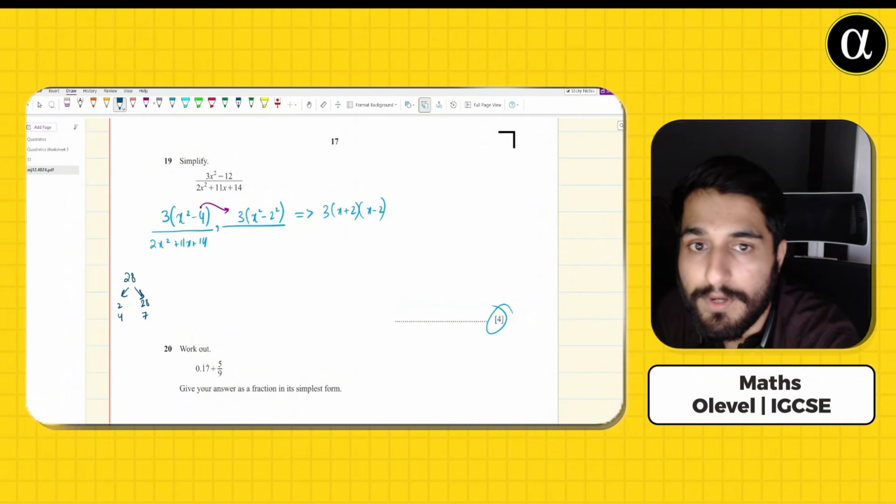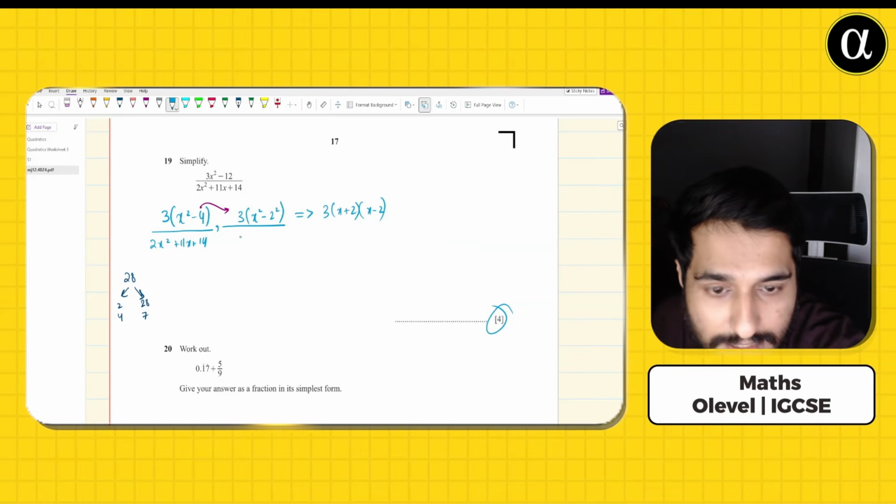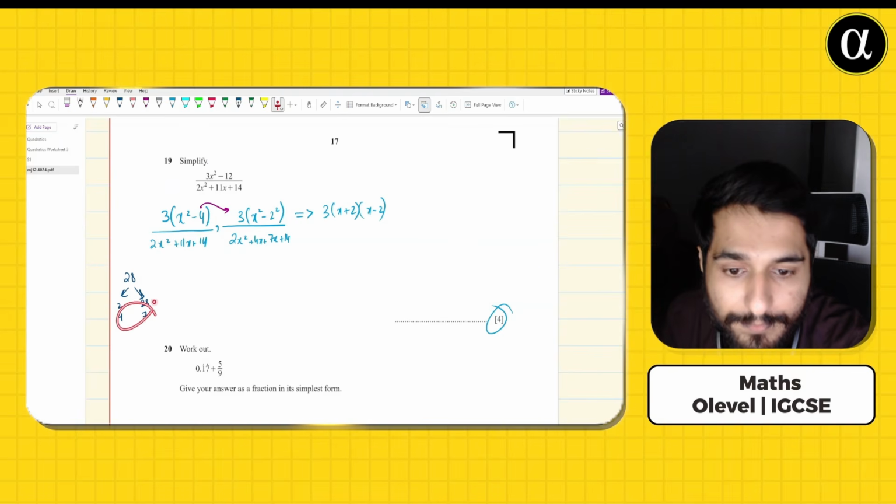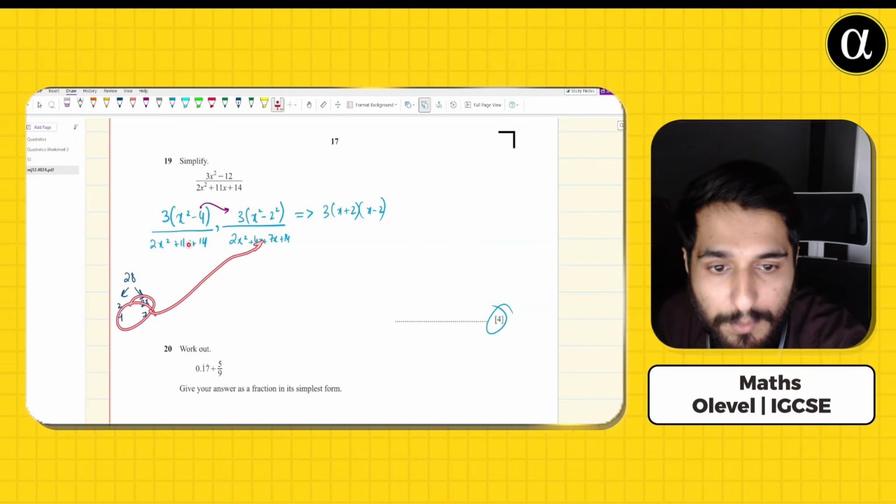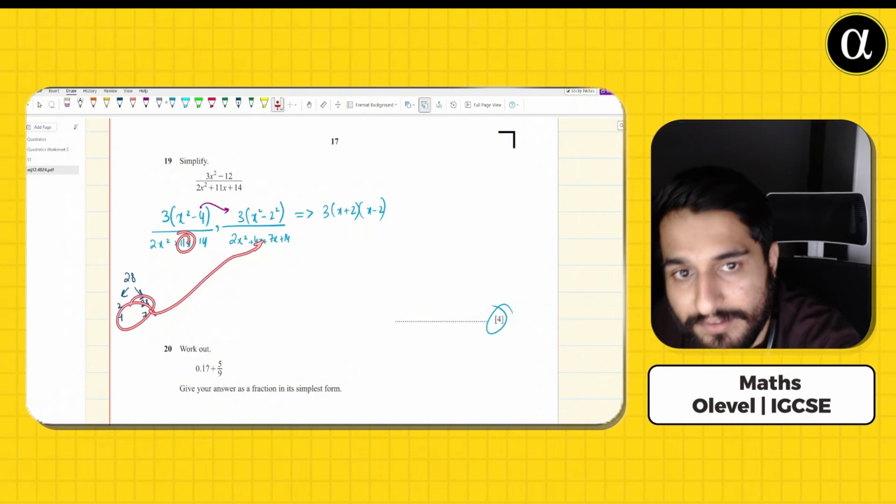So this is going to be 4 into 7, where we say this is 2x squared plus 4x plus 7x plus 14. How do we know that? Because these terms, when added together, give us 11, which is the middle term.